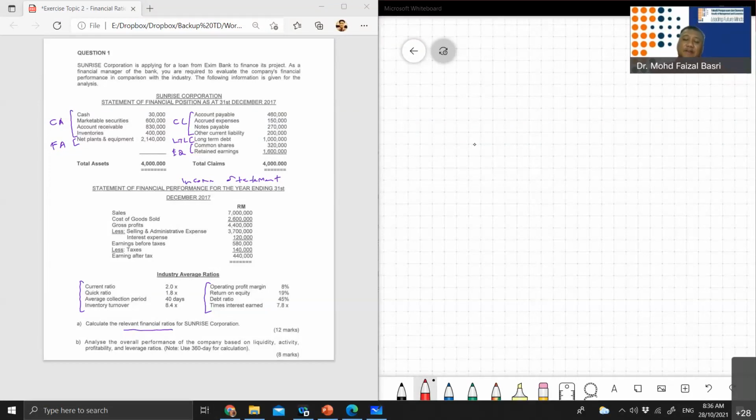And as I said juga earlier, when we do financial ratio analysis, there are 2 parts. Number 1 is the calculation, and remember, every ratio at the bottom has the indicative ataupun the suggestion to explain the ratio. That's why for question B, they ask you to analyze the performance based on the 5 categories. Sorry, in this case it's 4: liquidity, activity, profitability, and leverage.